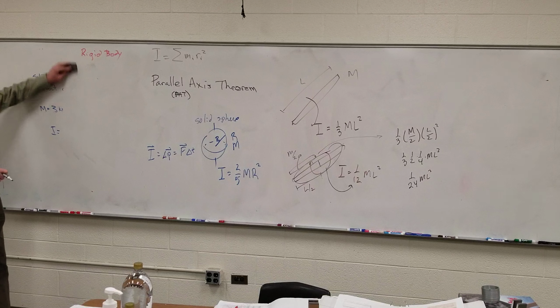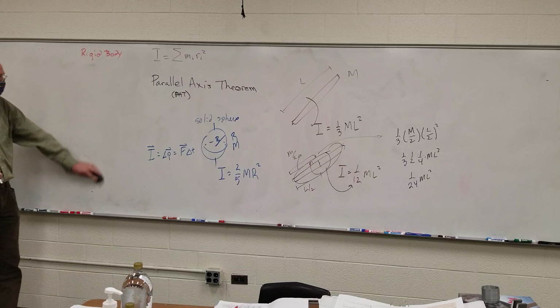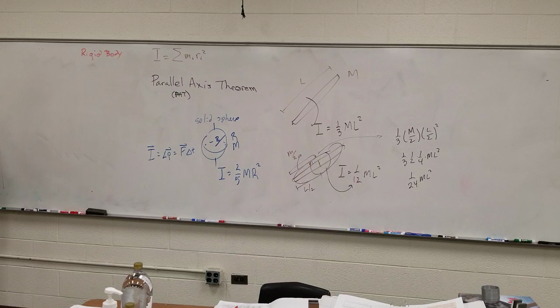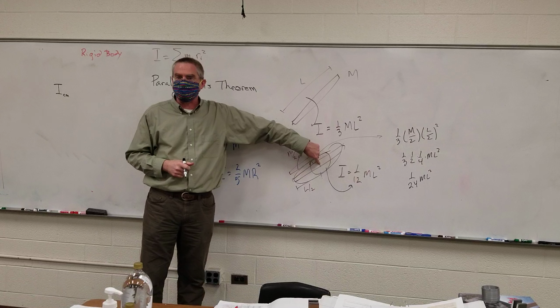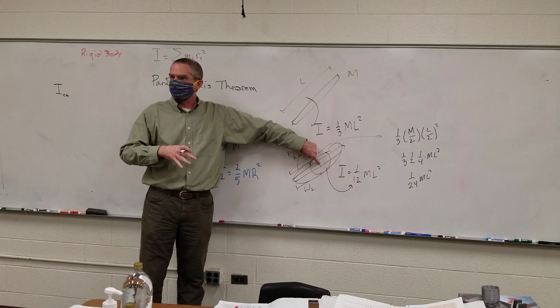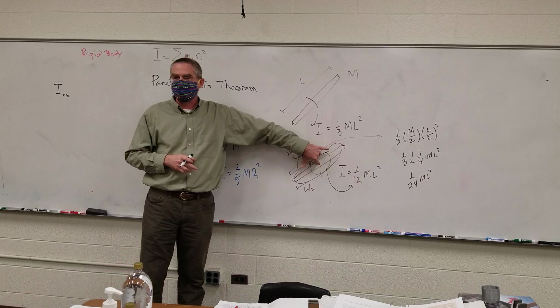Because the farther out mass is, the larger the moment of inertia. The parallel axis theorem is based upon the moment of inertia when the axis of rotation is at the center of mass. So for example, in this rod right here, if the axis of rotation is at the center of mass, that's going to be the smallest moment of inertia I'm going to get for that rod.